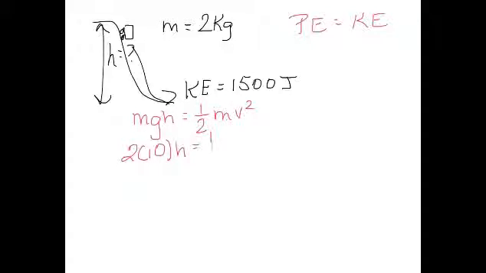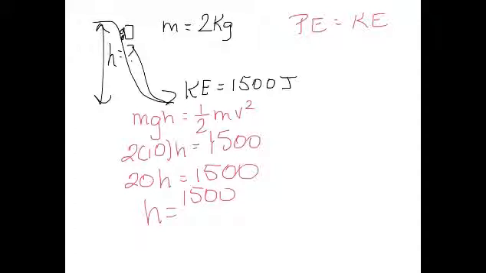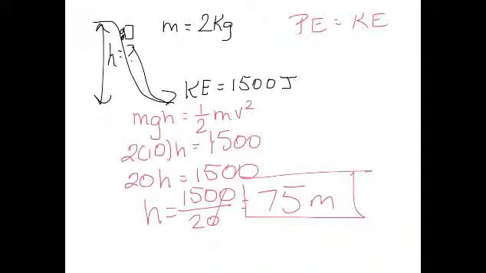We know it's 1,500 joules. So we know 20h equals 1,500. So that means height has to equal 1,500 divided by 20, which is 75 meters. So our hill is 75 meters tall.